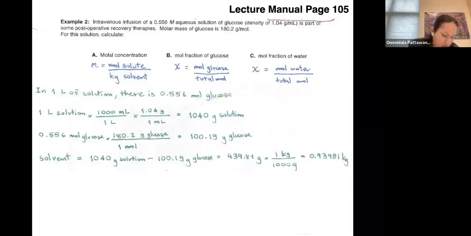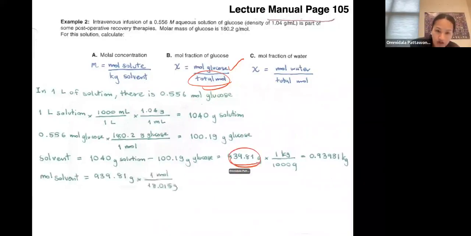If you're looking at mole fraction, mole fraction of glucose, we know the mole of glucose, but we don't know the total mole yet. So in order to find the total mole, you need to know the mole of the solvent, which is water. So you are going to get the grams of the solvent and convert that to mole by using the molar mass of water.